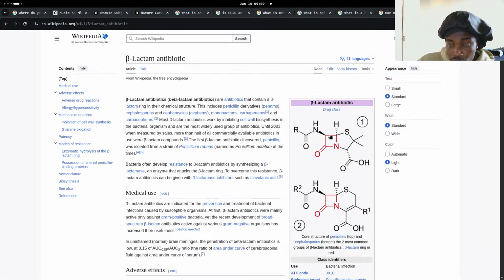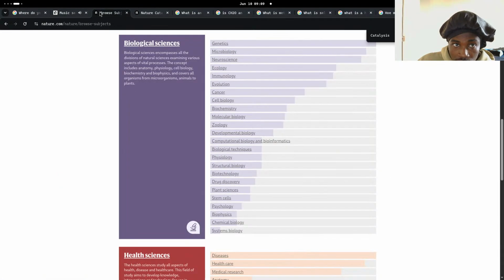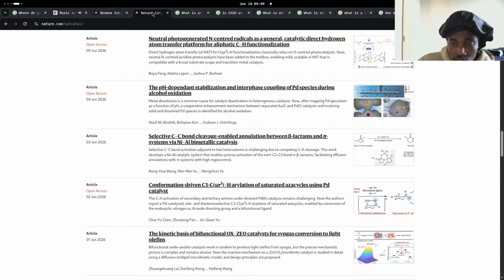So if you want to bring a metal to cleave this bond, you also risk cleaving this bond or this bond. So this group risks being broken off if you try to use the metal to activate it. This work develops a nickel aluminum catalytic system that enables precise activation of the inner C2-C3 bond in beta lactams, facilitating efficient annulations with pi systems with high regio control. This actually seems pretty interesting.